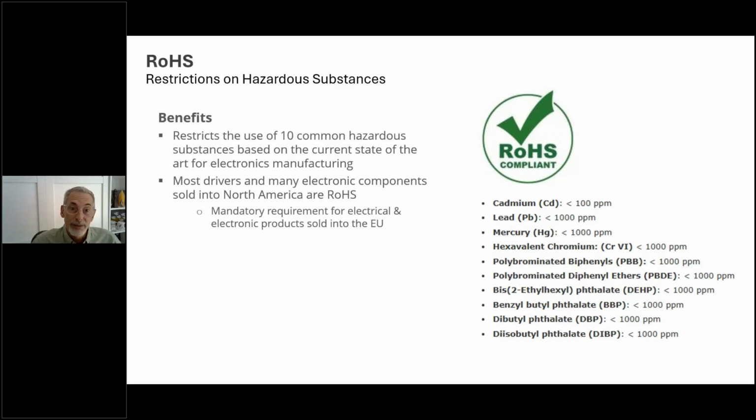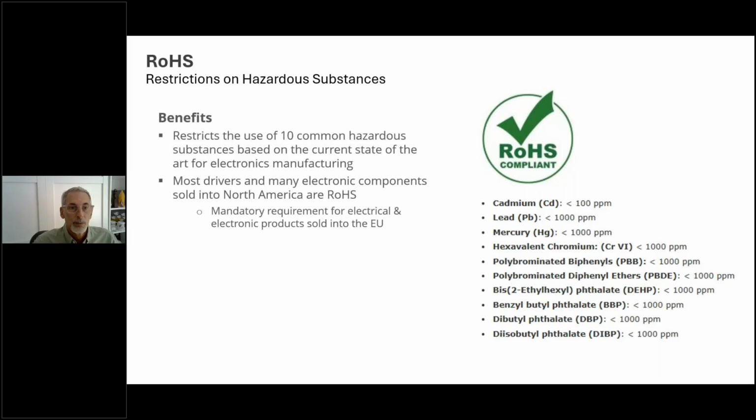And most of the drivers and many of the electronic components that are sold into North America are supplied by global suppliers that already meet these requirements because they're selling their components into the EU.